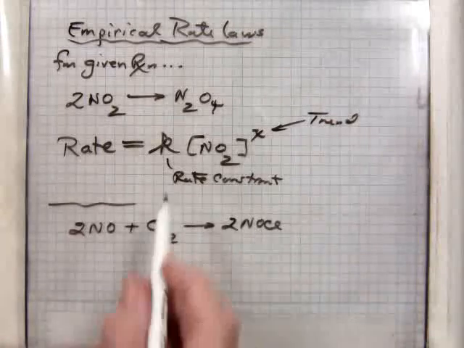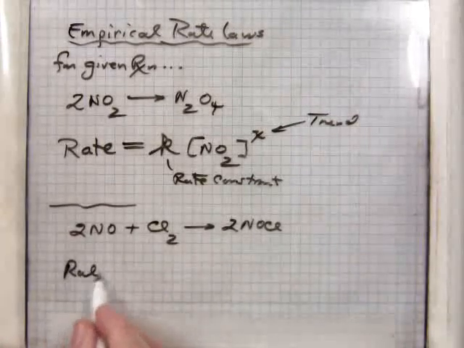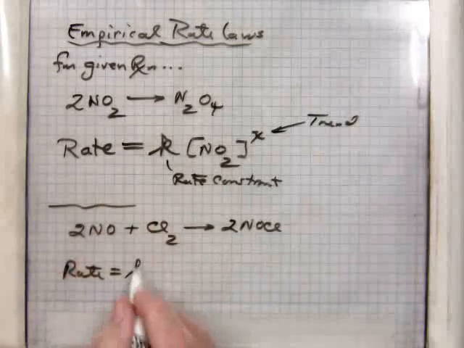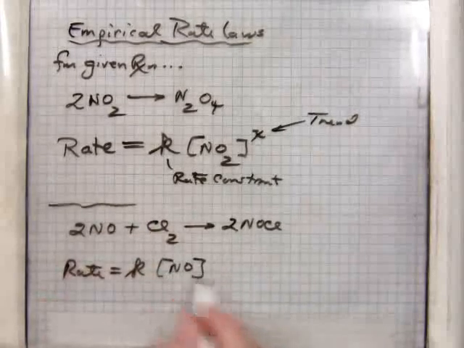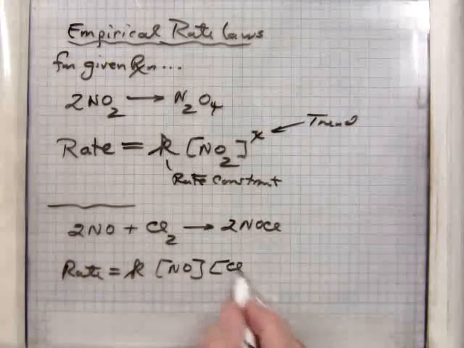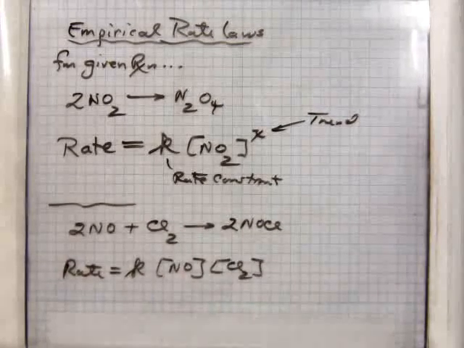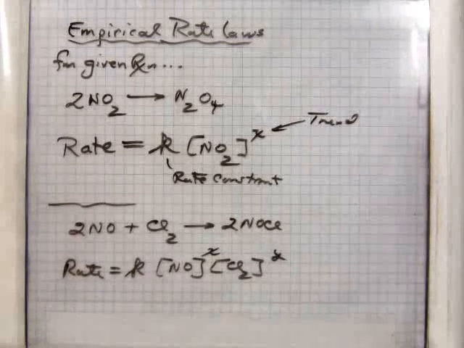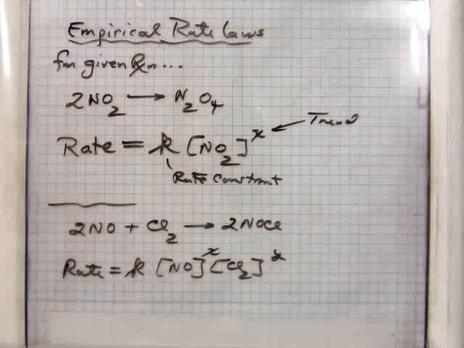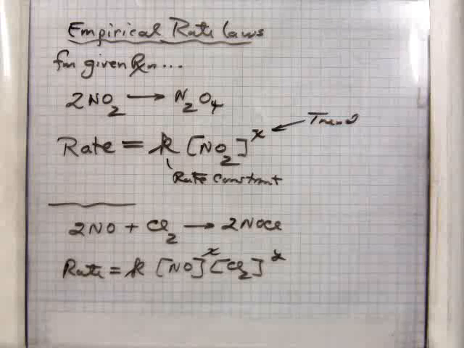Well, it's rate equals, see how it's the same thing, except you will have two components over here in brackets representing all of the reactants, and you can raise that to X, and the next one will be Y, or A and B, if you want to. So it's just a simple setup, and then you go into working your problems and identifying the exponential rate trends as you go along.